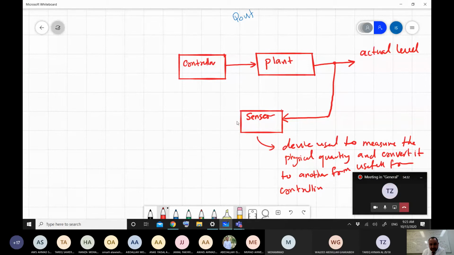So simply, here I will have the actual output or actual signal, and here I will have the measured signal, correct? Is the actual signal the same as the measured signal?